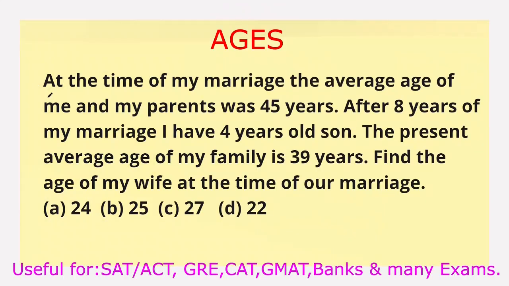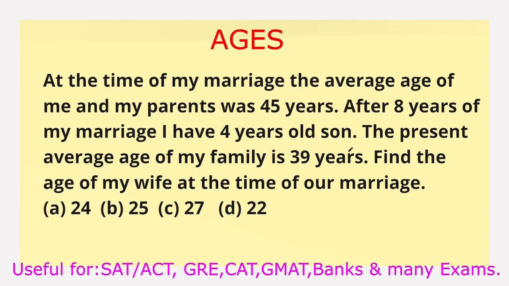Our question is, at the time of my marriage, the average age of me and my parents was 45 years. After 8 years of my marriage, I have a 4 year old son.